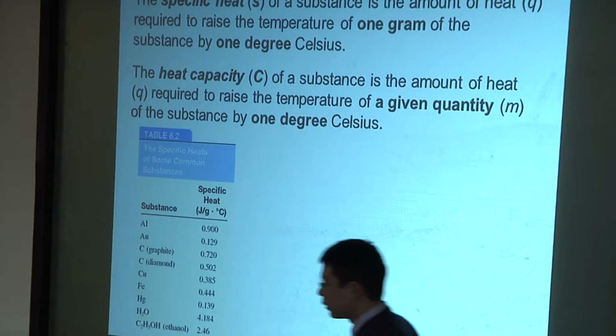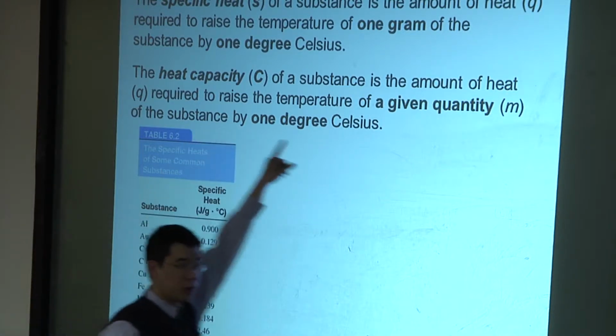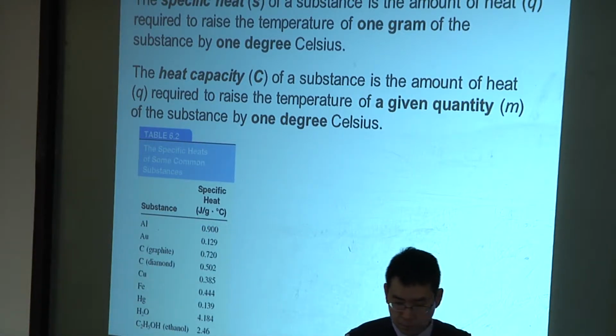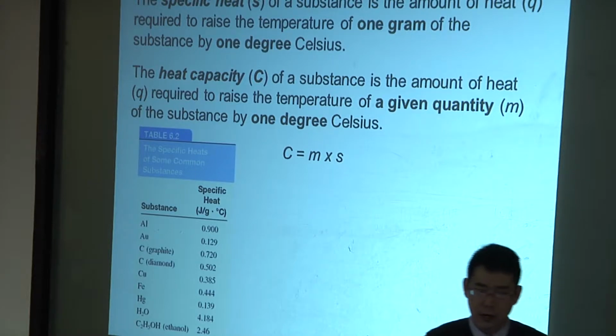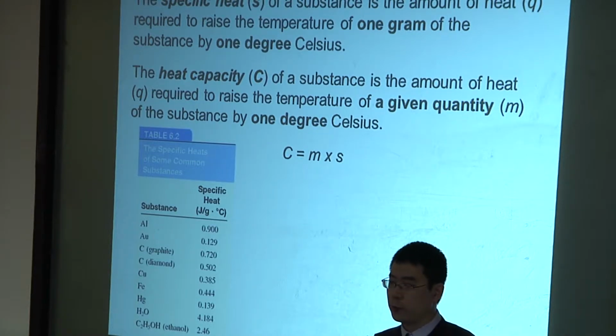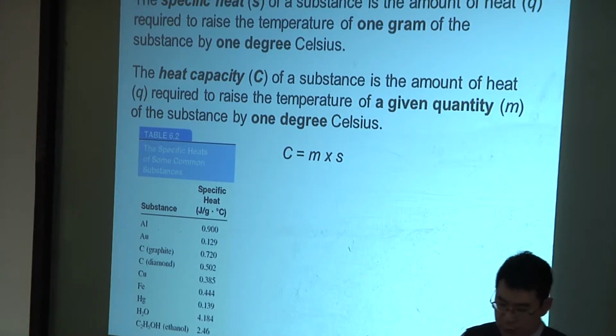And to make it even more confusing, in a lot of places you'll find people talking about the specific heat capacity when they really mean the thing on top, S. And so C equals M times S, right? So S is per 1 gram, M is for many grams, right? So if you have 5 grams, you multiply 5 by S to get you C.